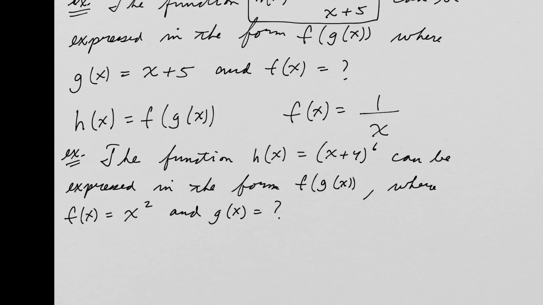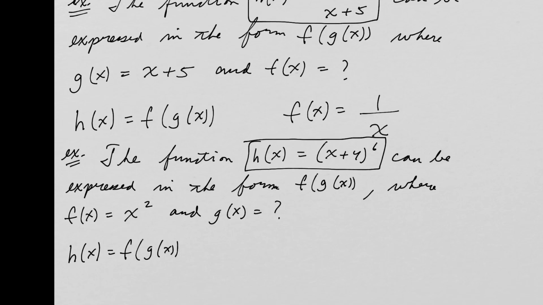So again, think about it. We want a composition, which we're calling h, which is equal to f of g of x. And I know my composition has to be x plus 4 to the 6th. And I'm saying I want my outside function to be x squared. Oh, x to the 6th, I'm sorry, I wrote that down wrong. Could do x squared too, but let's do x to the 6th.